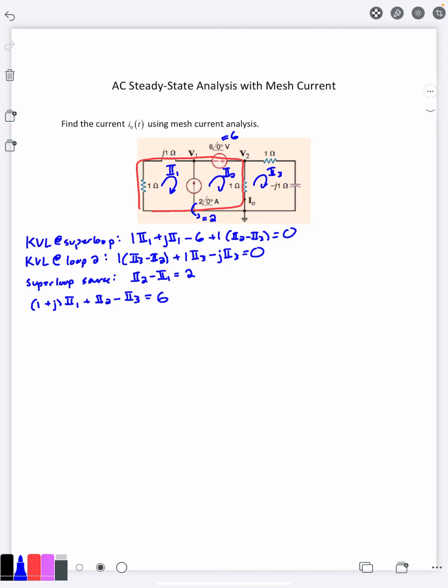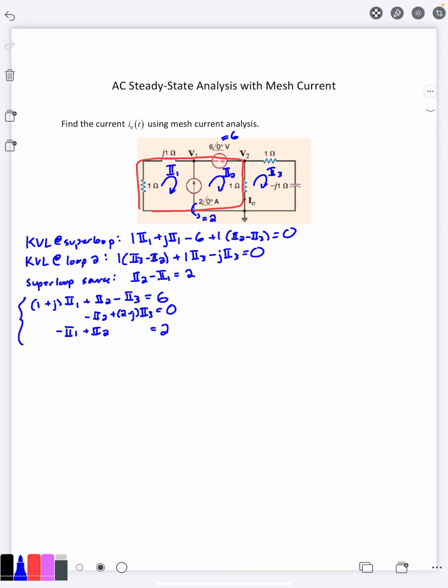For the second one, I have no I1s, but I do have a minus I2, and then 2 minus j I3 equals 0. And for the third one, I have a minus I1 plus I2 equals 2. This is our system of equations here.